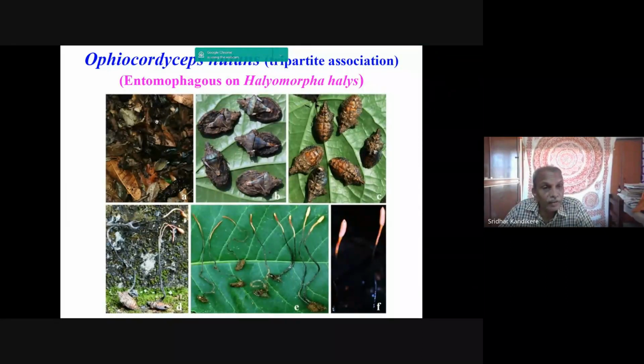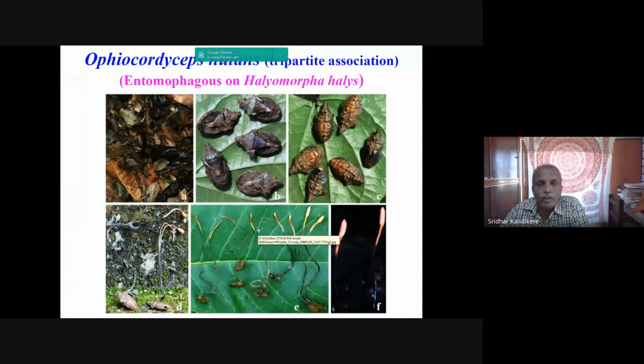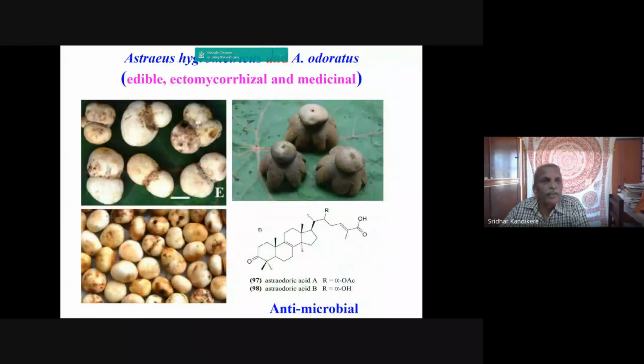This is the region where this Cassinia glauca plant is, where a lot of fallen insects were attacked by them, and then after some time it is going to produce the stroma like this. See, the Ophiocordyceps nutans was reported for the first time from the Western Ghats by my student, Taram Chinappa, and myself.